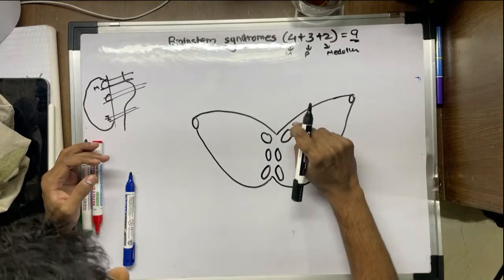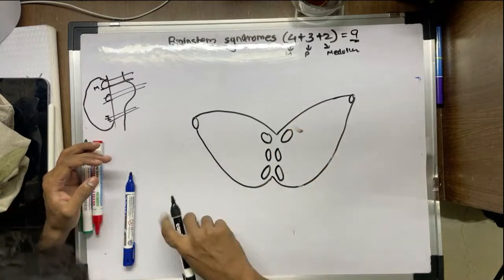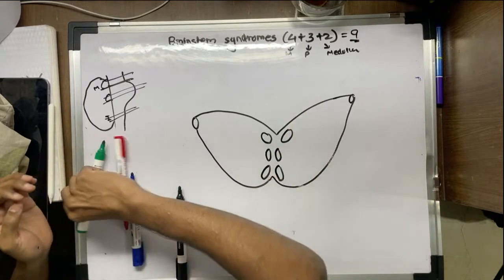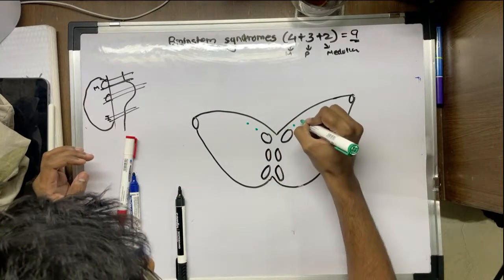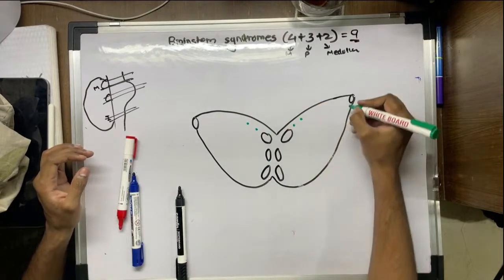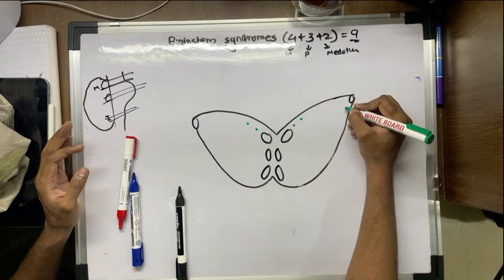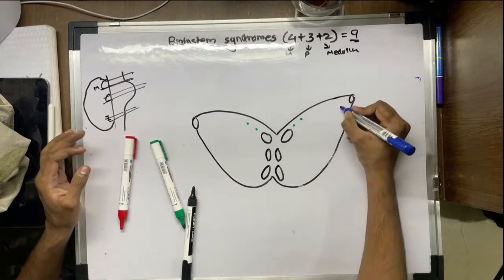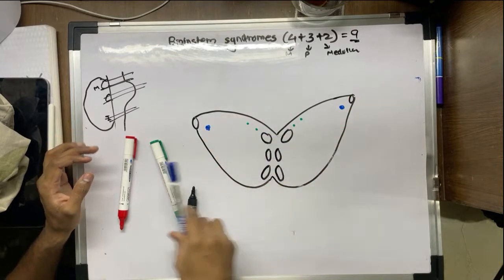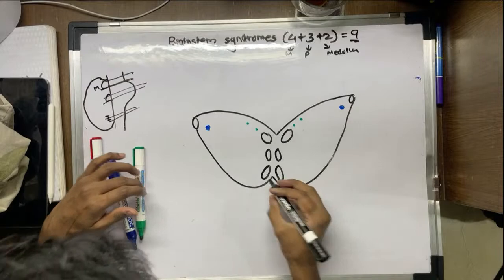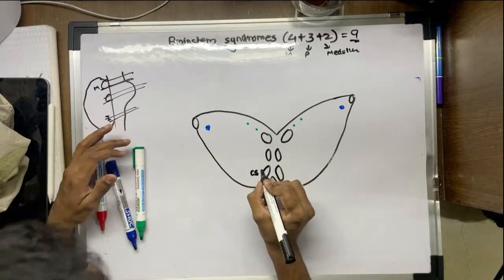Sorry, I'm gonna draw it with green. And then it's very simple. I'm gonna name everything. This is corticospinal tract.